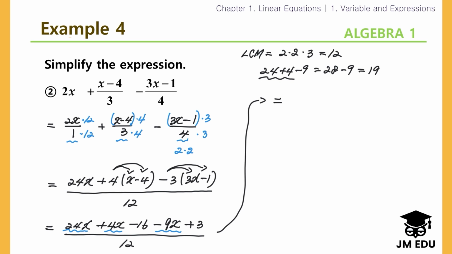So that's going to be 19x. And we have minus 16 plus 3. That's minus 13. So we have minus 13 over the common denominator 12. Now we're done.